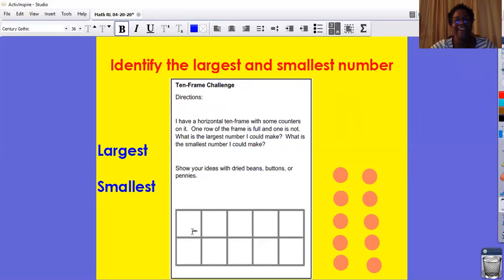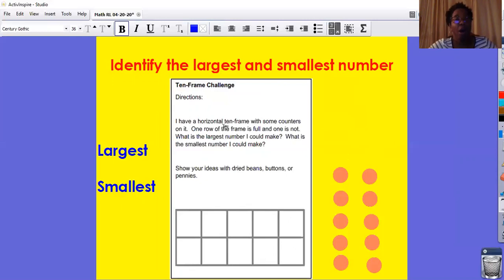You bet. There are 10 places that are open to place your counters in. Let's see, 1, 2, 3, 4, 5, 6, 7, 8, 9, 10. There you go, 10.